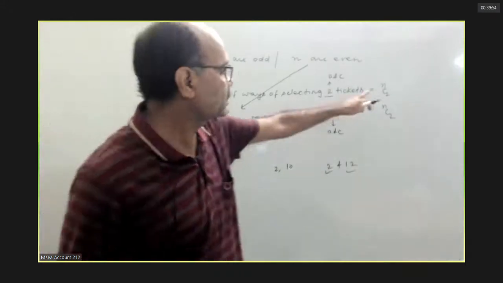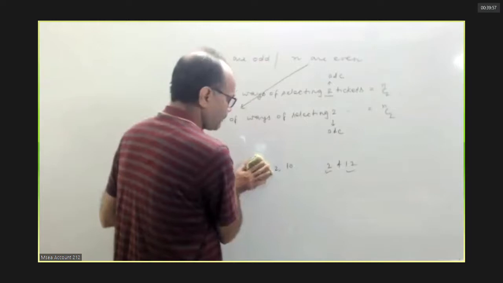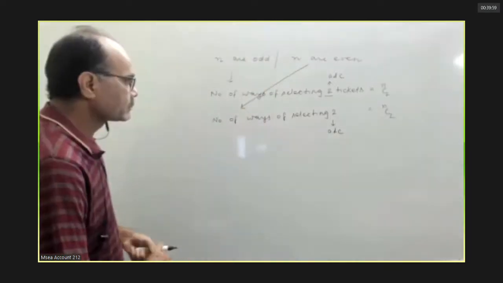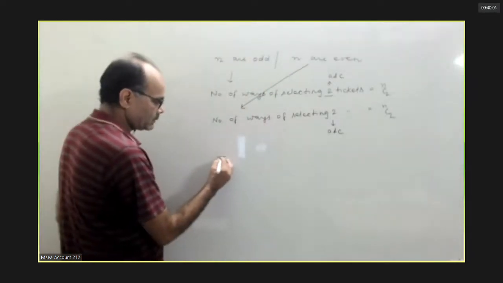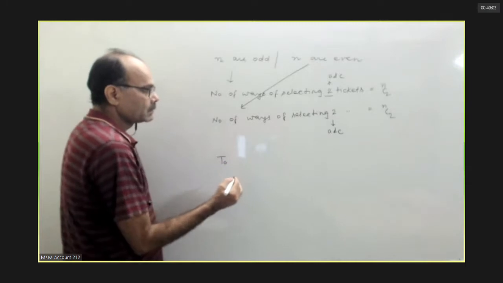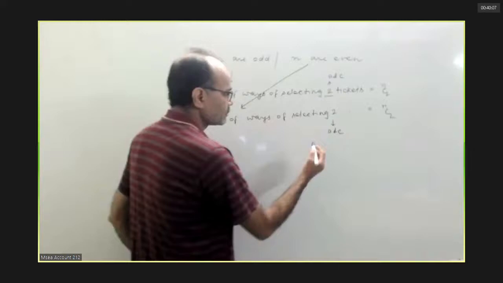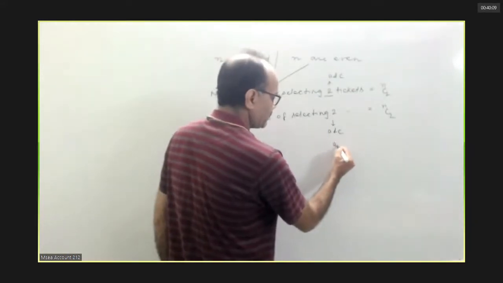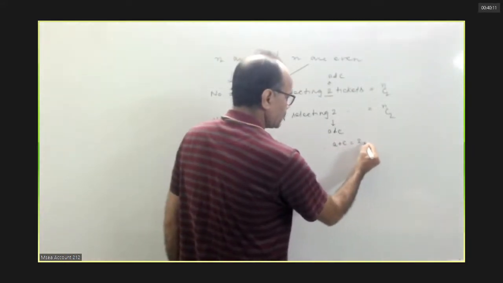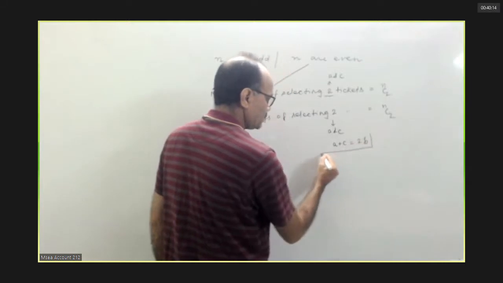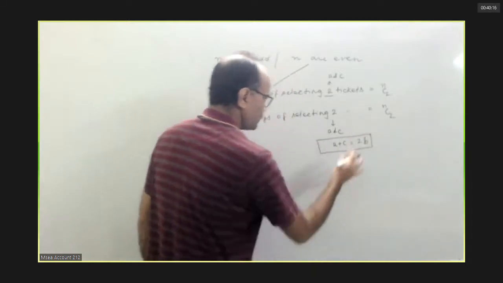So total number of ways we can select 2 tickets, A and C, will be this plus this. A plus C equals 2B, and B is fixed.